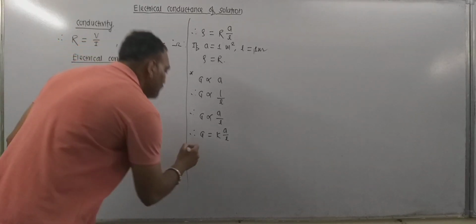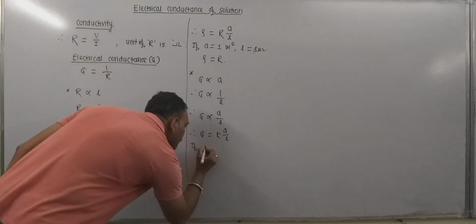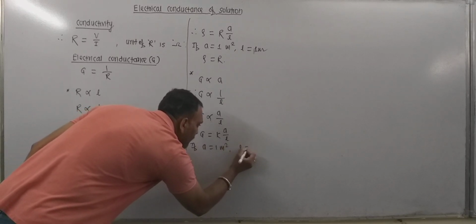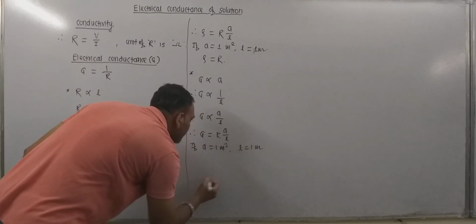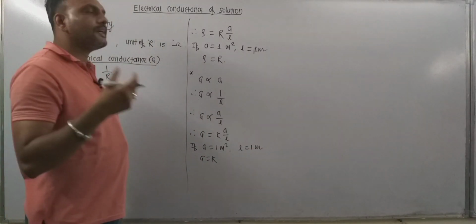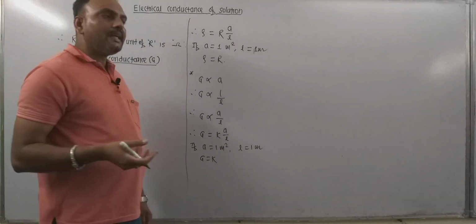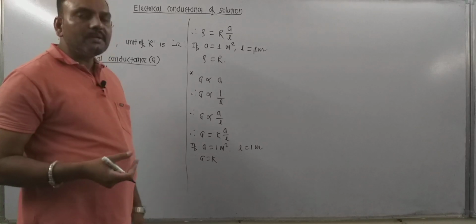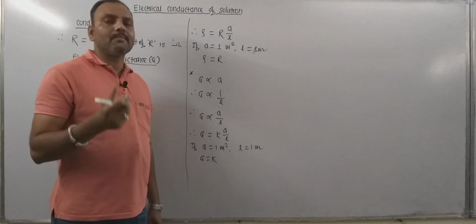If we consider unit area and unit length of the conducting wire, then G is equal to K. So what it means? Conductivity is nothing but conductance having unit length and unit area of cross section.